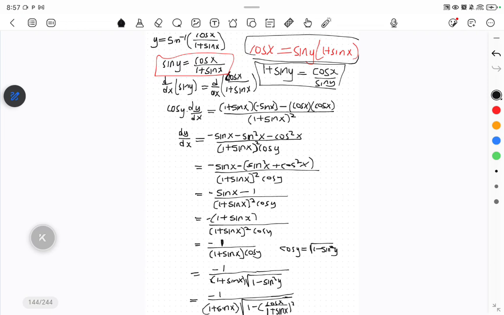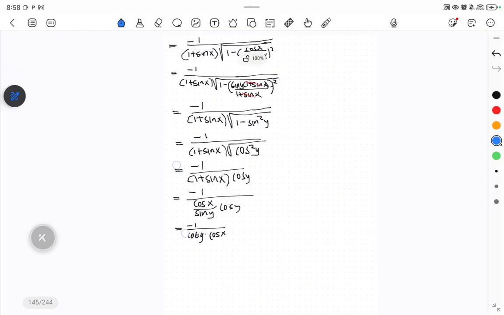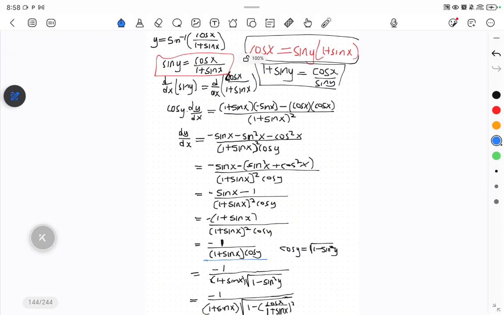Get cos y plus sin x cos y, sin x cos y, and then 1 plus sin x will give us 1 plus cos x over, let me see.